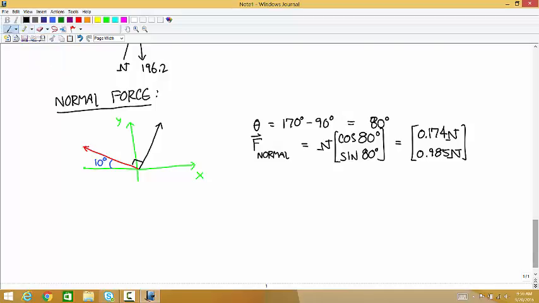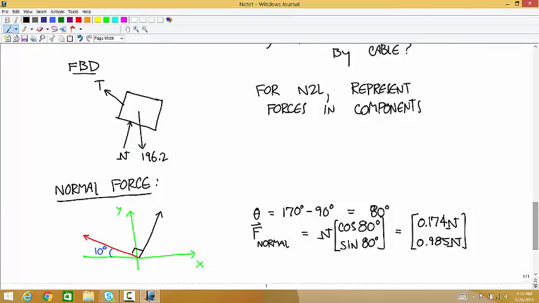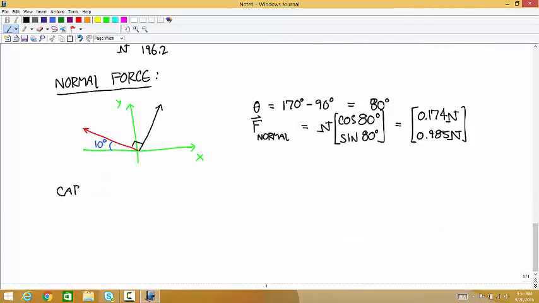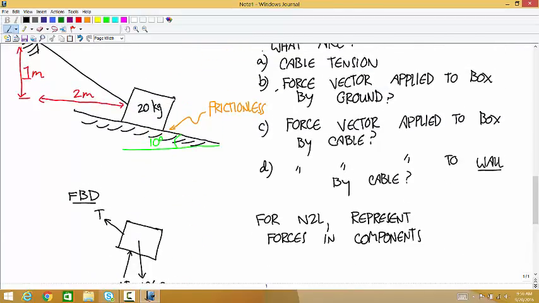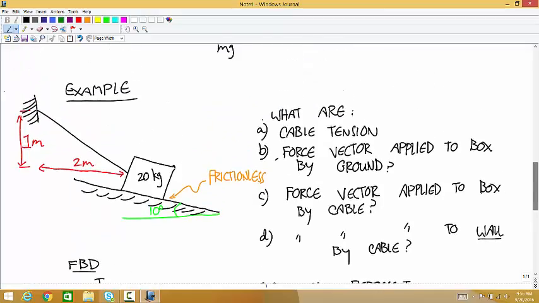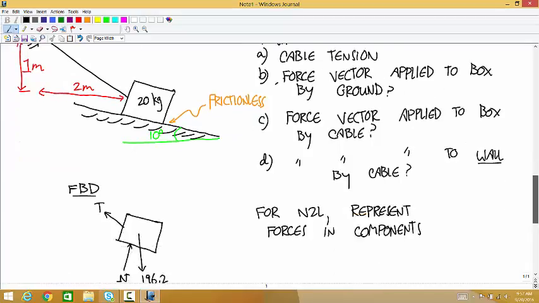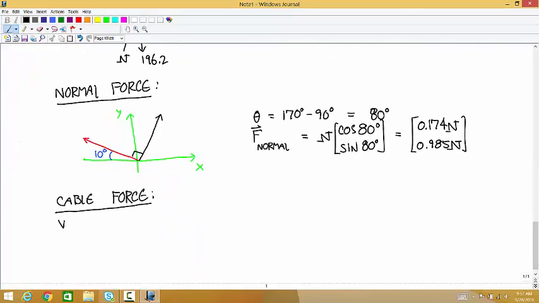And now we have to do the same thing for the cable force. This time we're not given an angle. We're kind of given components, but we have to deal with the signs ourselves. So we can think of a vector u that's in the direction of the force.